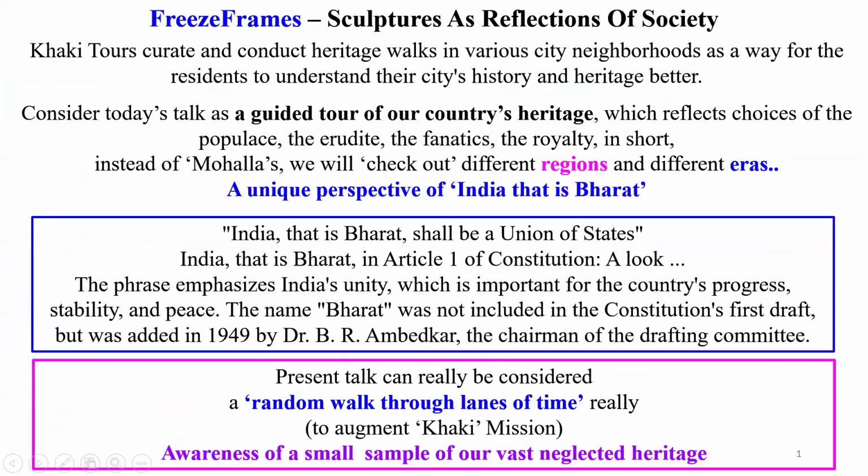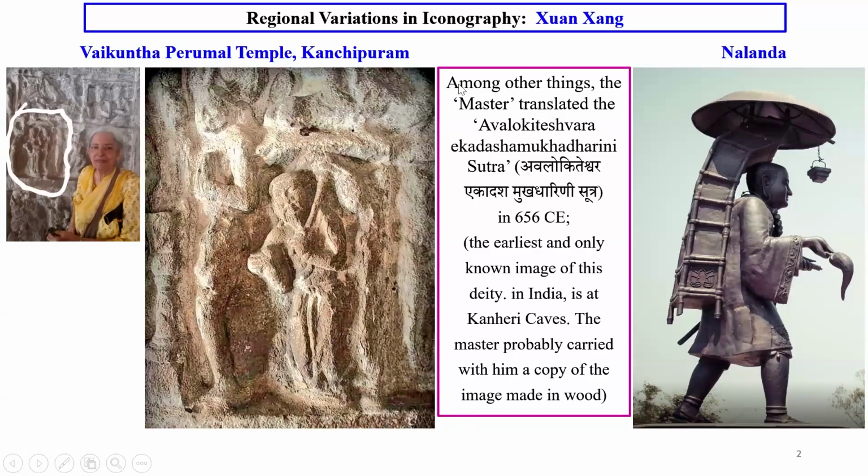But our heritage is vast. So I'm starting with the first, where I'm saying regional variation in iconography. And I've chosen Xuanzang, the Chinese pilgrim. At the Vaikuntha Perumal temple in Kanchipuram, there's a small image amongst the many images, and the guides call it Xuanzang.